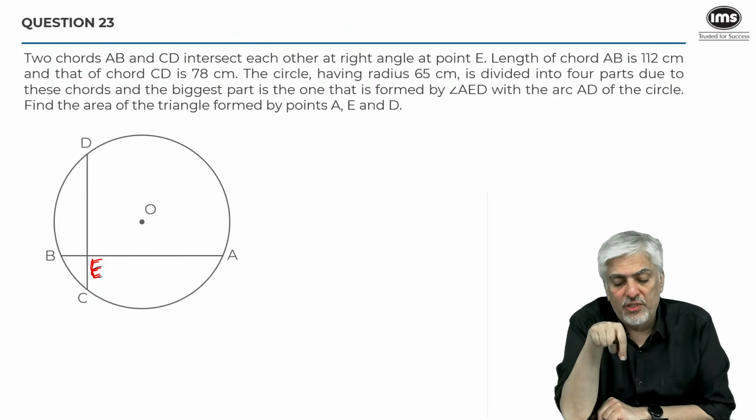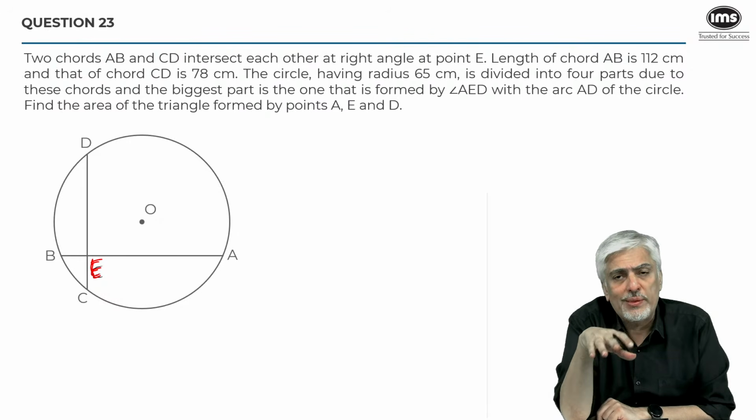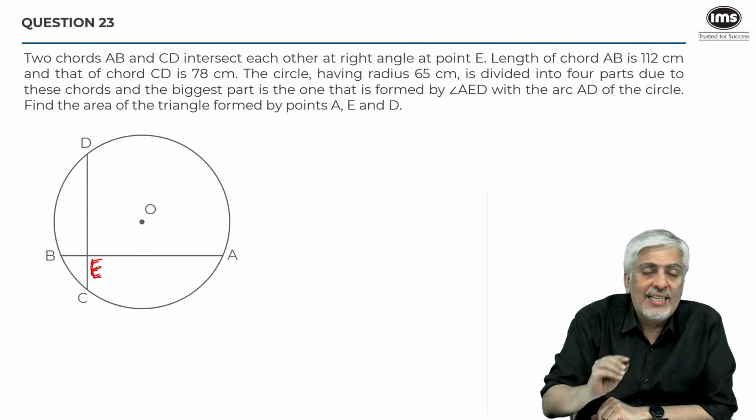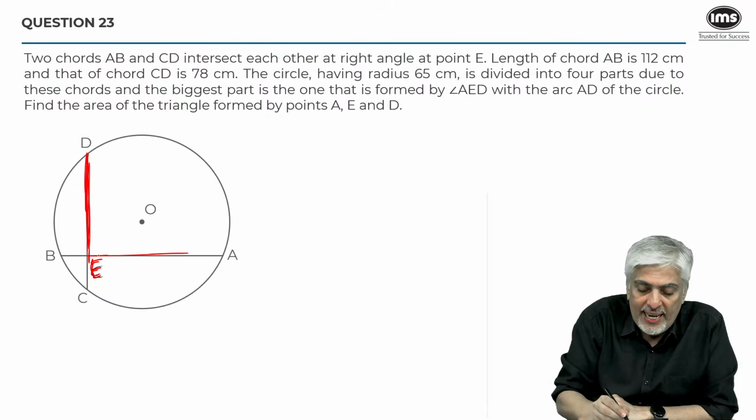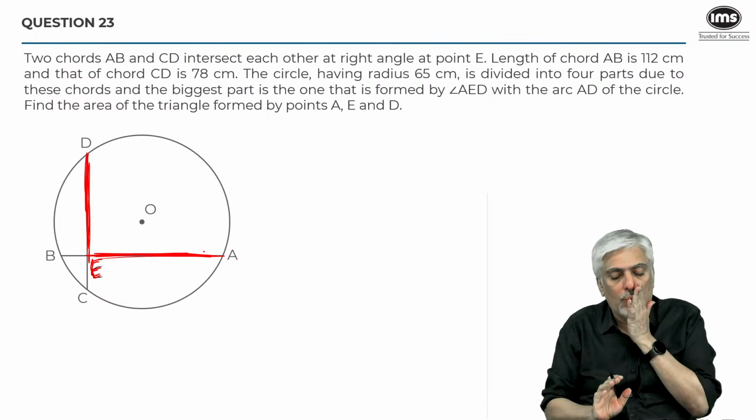Getting the first part of the diagram is very important. Now, still there are a lot of constructions to be done. Basically, remember, there is no shortcut in this question. You want to find DE and you want to find AE. How are you working towards that? That's your job.